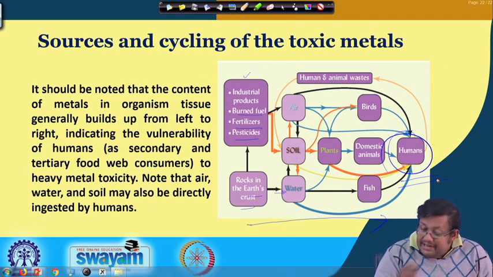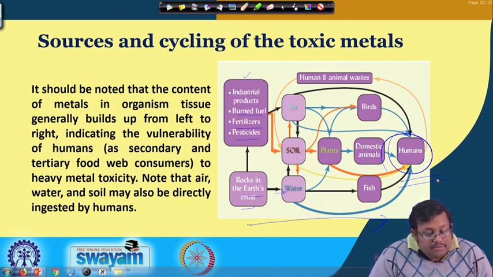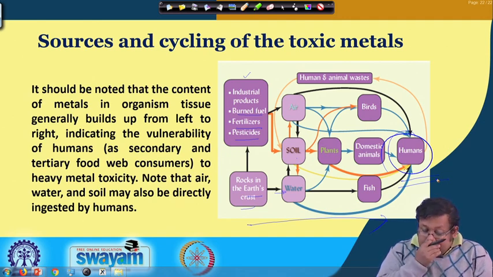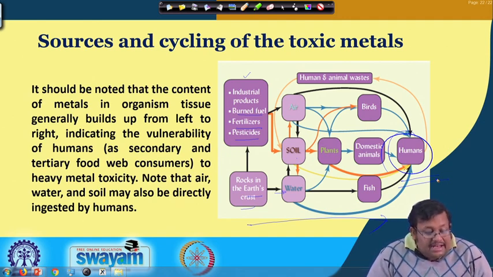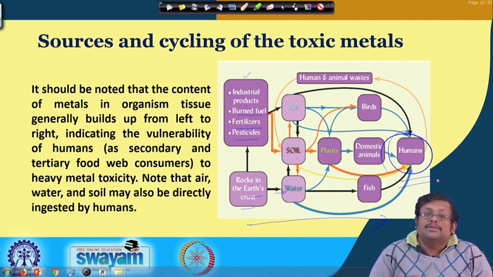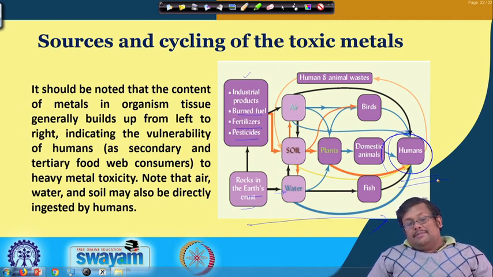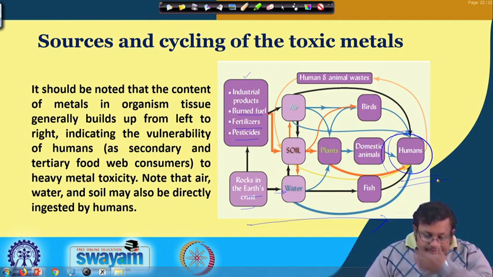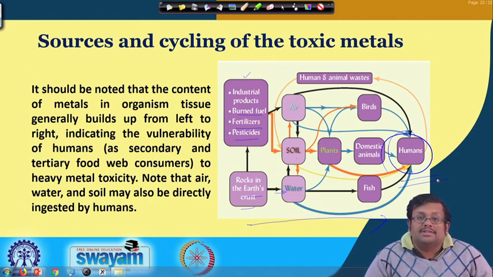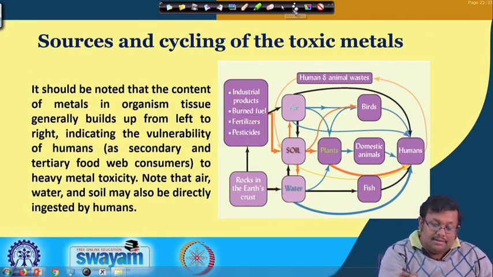Because we are eating both the secondary as well as tertiary food web consumers, we are much more exposed to heavy metal toxicity, and we have to note that air, water and soil may also be directly ingested by humans. So that's why these heavy metals get accumulated in our body and ultimately result in different signs and toxicity and human health hazards.